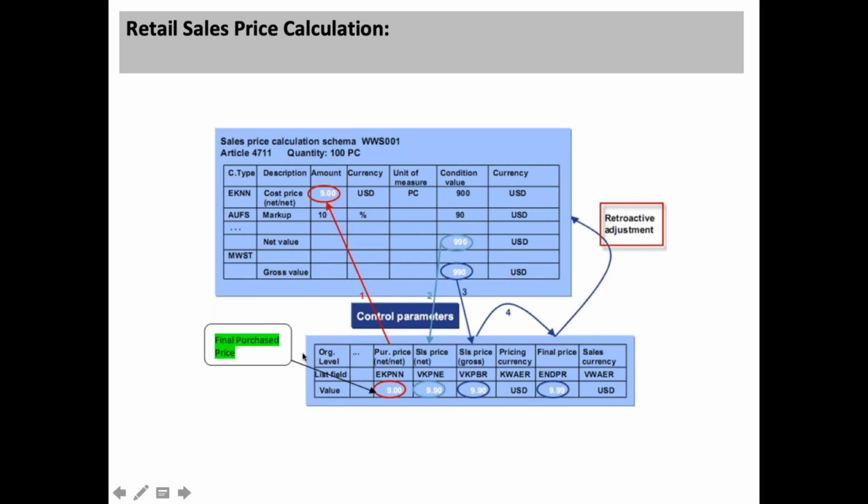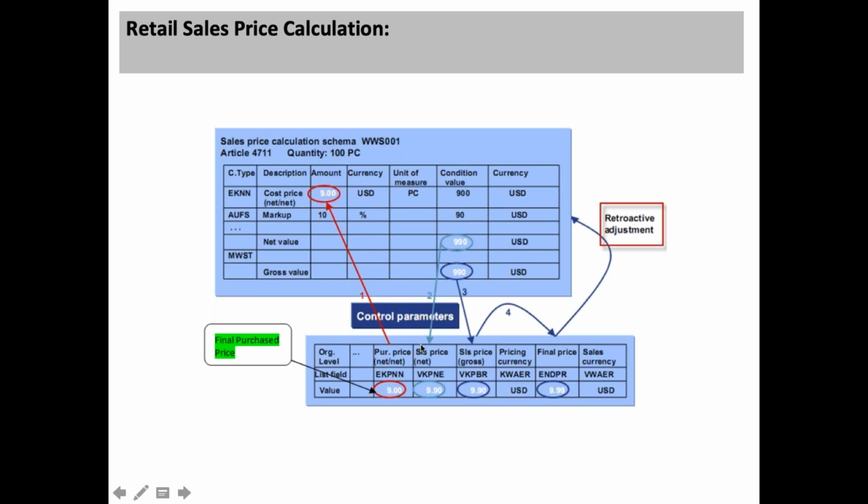Normally when you select an article and execute, first the purchase price will be determined here, based on the purchase determination sequence, whether you manually enter it, or it is determined from the standard calculation schema, procurement calculation schema, or components of a sales set. Based on the sequence that you give in the initial screen, the purchase price will be determined.